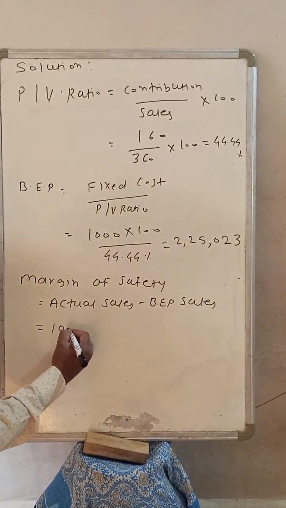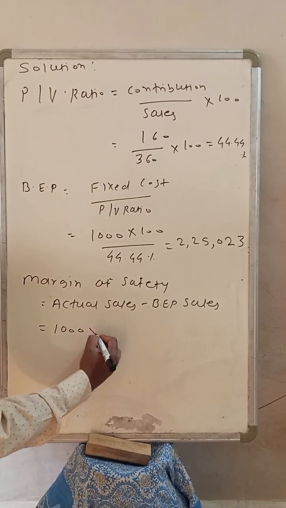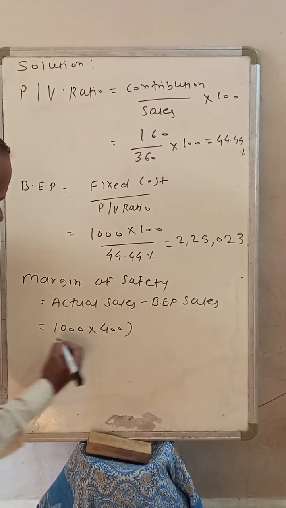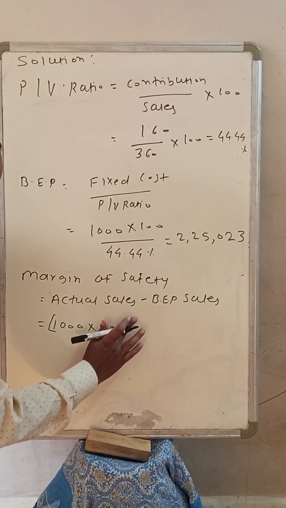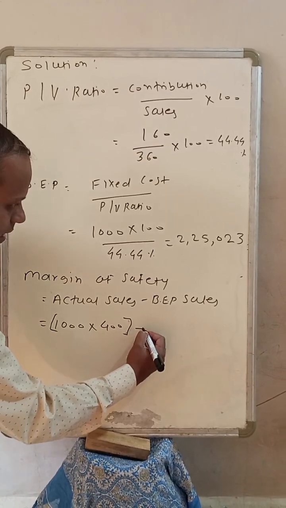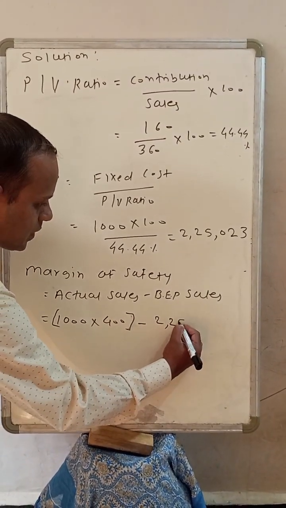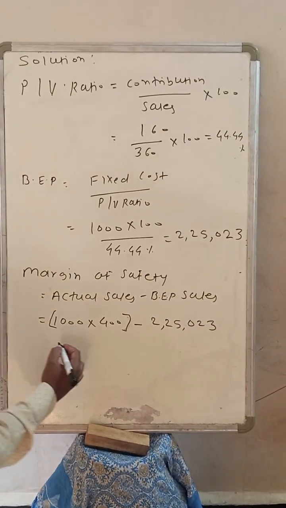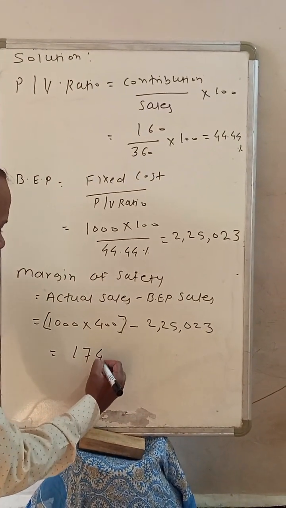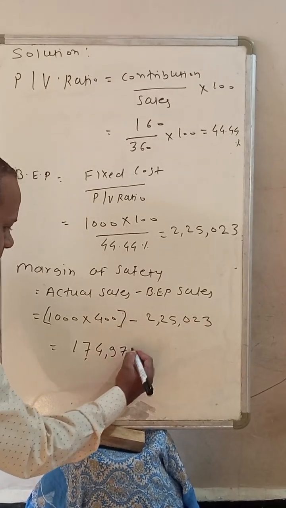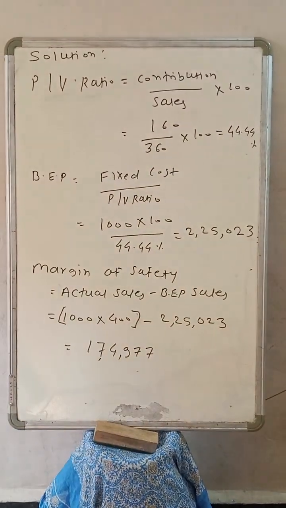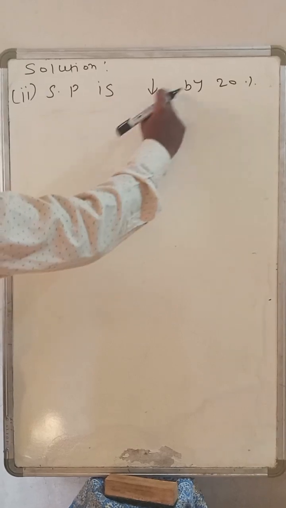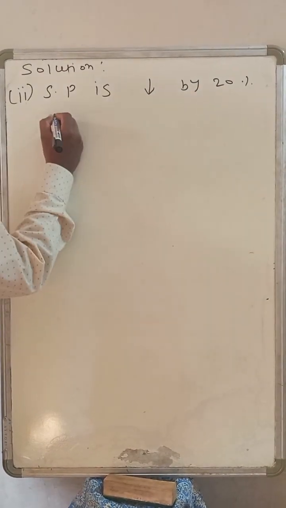Originally you are going to sell 1000 calculators and the initial selling price was rupees 400. So 1000 into 400 minus 2,25,023, and your answer would be 1,74,977.